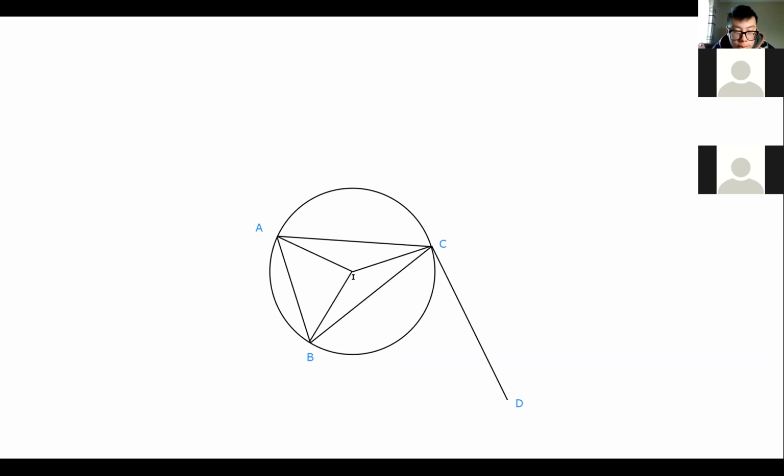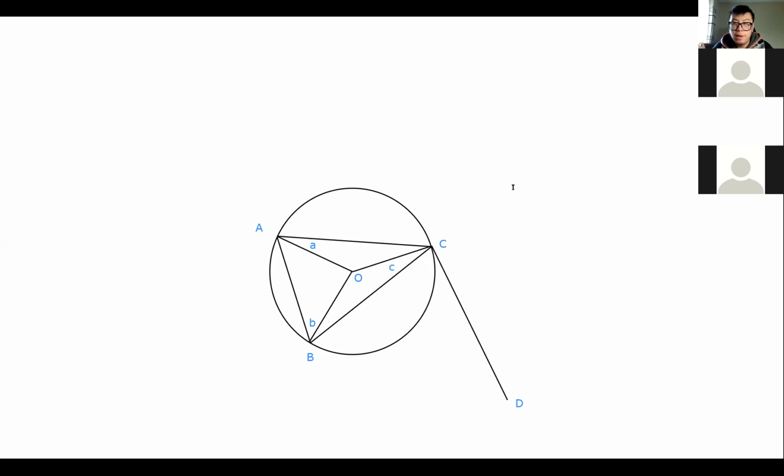Let's also name this point O. Let's call OAC lowercase a. Let's call OBA lowercase b. And let's have a lowercase c. Let's call OCB right here, angle c.